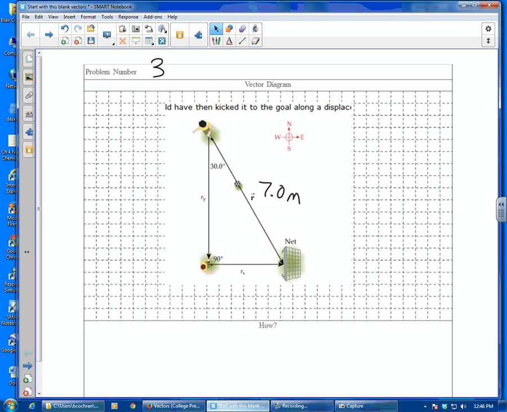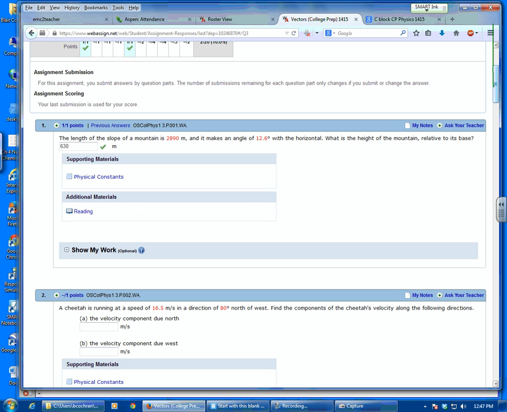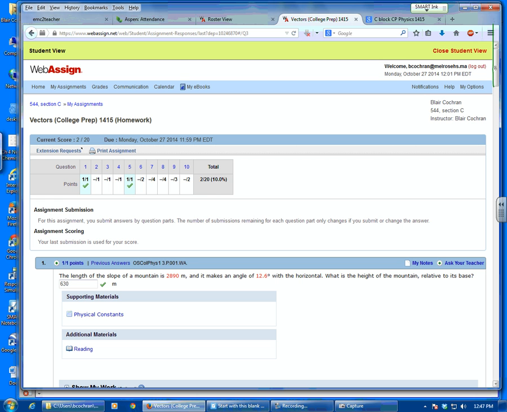Now I'm looking at this, and I have a right triangle, and I know some things about right triangles. Oh, I did update the equation sheet. You can find it a couple of places, but as you're doing homework, probably the easiest place is right on the front page of WebAssign.